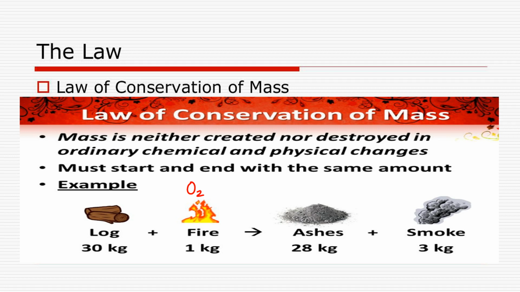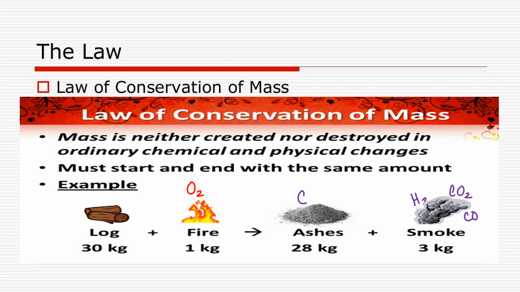We're going to produce ash, which is mostly carbon, and then we're going to produce the smoke, which is mostly hydrogen and carbon dioxide and carbon monoxide, things like that. All right.